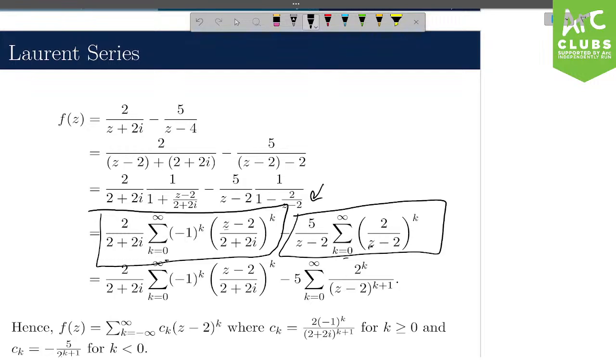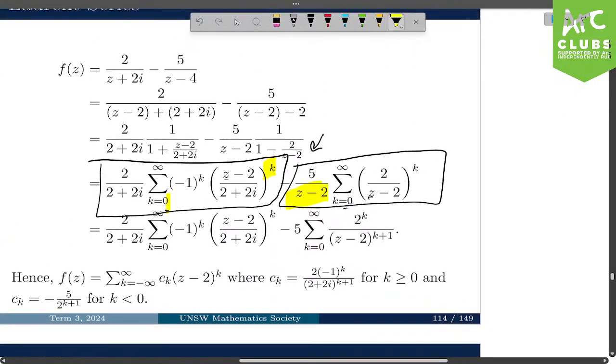Okay, so we can clearly see on the right we're going to be seeing k values, index values being -1 and lower, because we start at k being 0, also divided by z minus 2. Okay, so we're starting at -1 and we're moving down. For the first one, we're starting at 0 and we're just moving up.